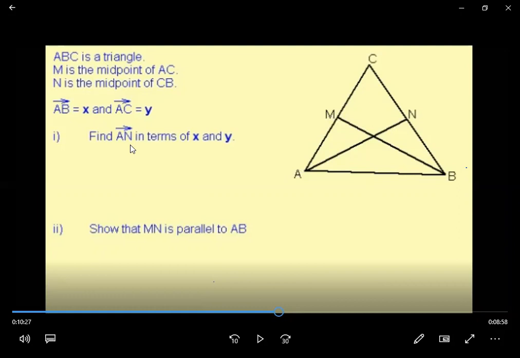Can anybody tell me what that should be?